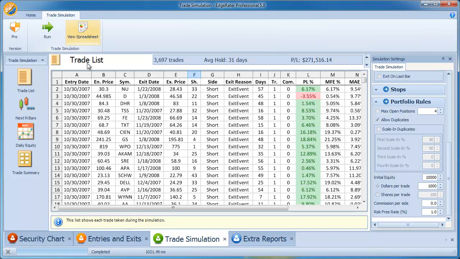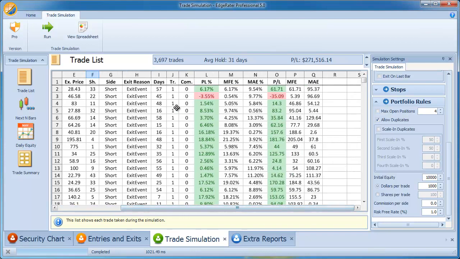Each row in this list now is a trade, and the rows contain the symbol, the dates of entry and exit, the number of shares that were traded, the reason for exit, and exit event means that they exited because the stock crossed below its lower Bollinger Band, the exit signal, the profit and loss percent for that trade, the profit and loss value for that trade, and also the MFE and MAE, and that stands for maximum favorable excursion and maximum adverse excursion for that particular trade.